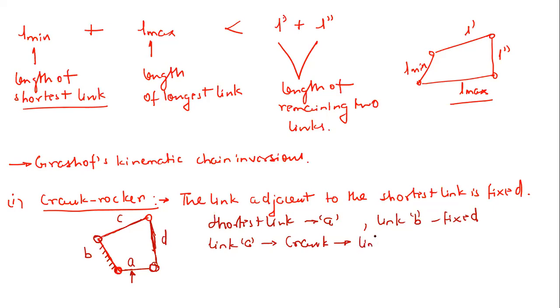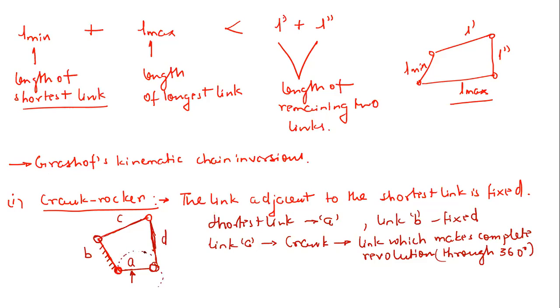That means a link which makes a complete rotation, or you can say a complete revolution, through 360 degrees. So in this case, this link A is going to move through 360 degrees. That is, it is going to make a complete rotation.